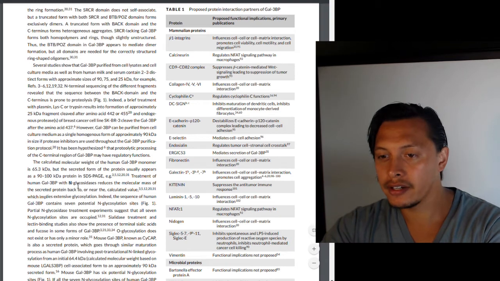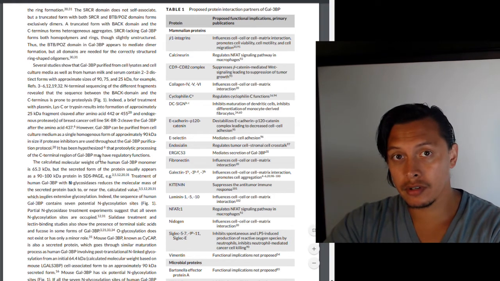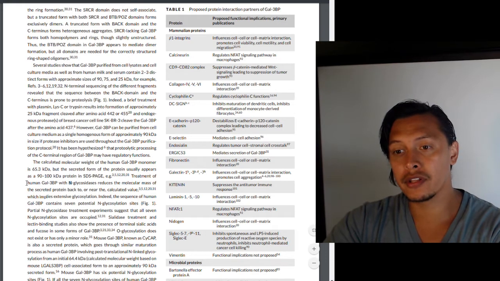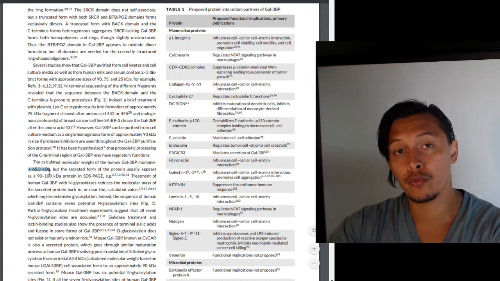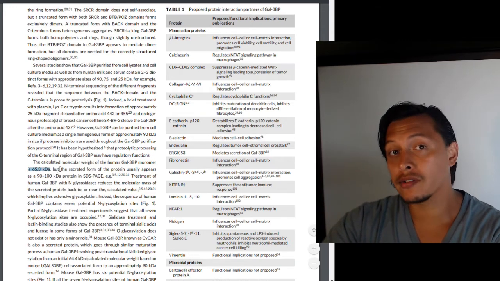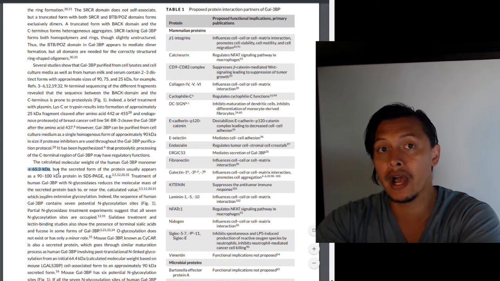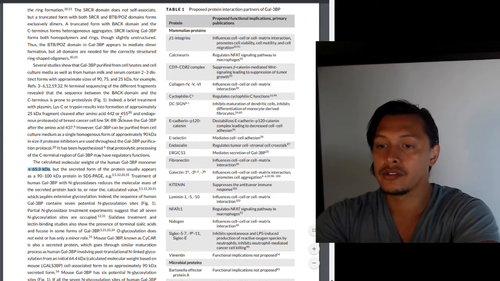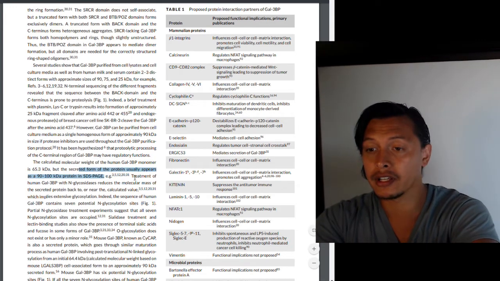But N-glycosidases will remove those sugars, which reverts this 90 to 100 kilodalton protein back to close to the 65.3 kilodalton protein, which tells us that most of the size difference is due to N-glycosylation. So just keep in mind that the protein normally is heavily glycosylated.